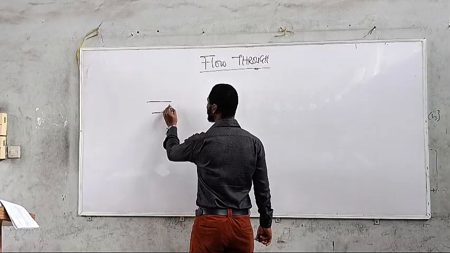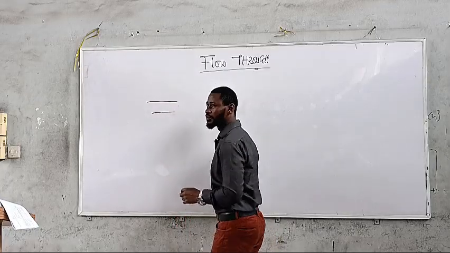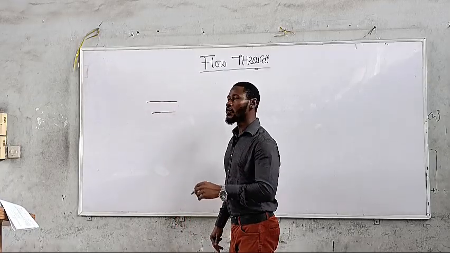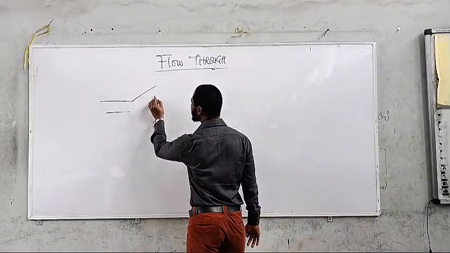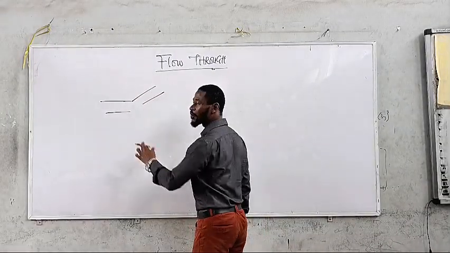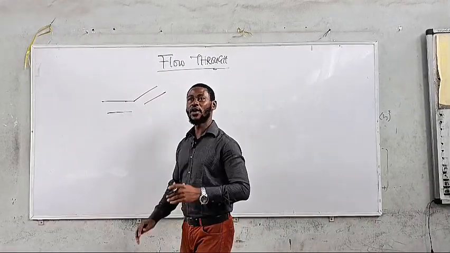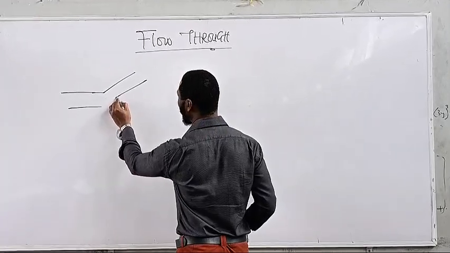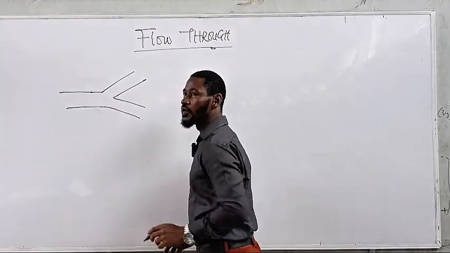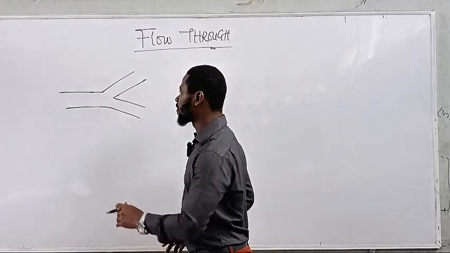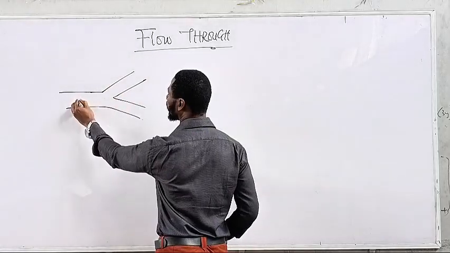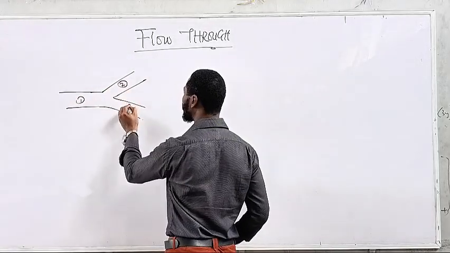When you have a pipe, this is pipe 1. When you connect another pipe to it, this is another pipe connected to pipe 1. We can also connect another pipe to pipe 1, making 3 pipes: 1, 2, 3.